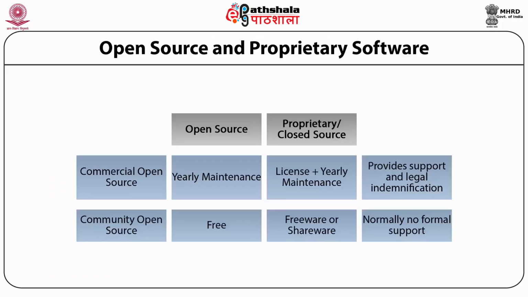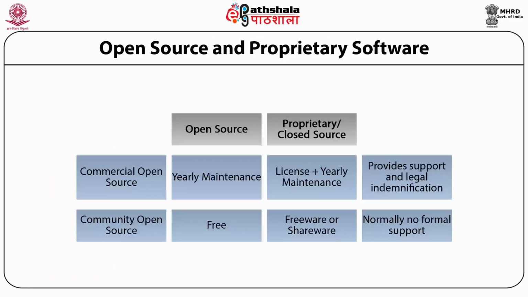Now let us see what is the difference between open source and proprietary software. We have to look at it from 4 different perspectives. One is commercial open source software. If it is commercial open source, people charge money for its maintenance. If it is closed source, they charge a license fee plus yearly maintenance charges. And for proprietary software, they sell it for a fee and maintenance also they charge.